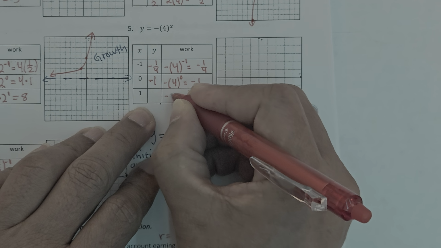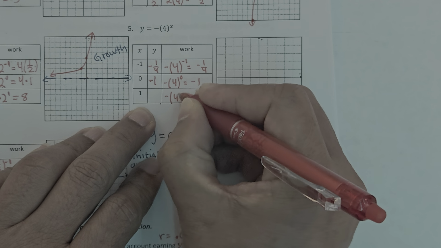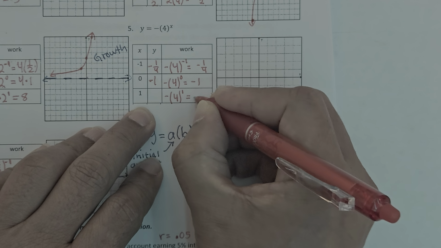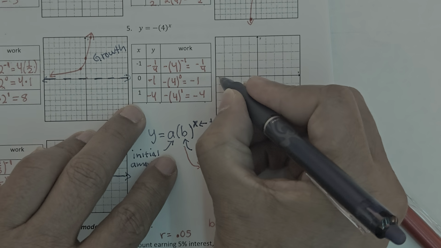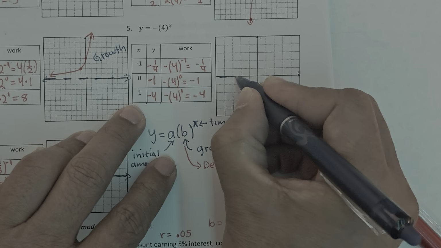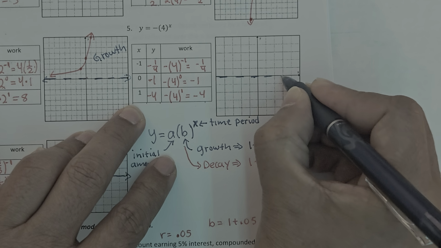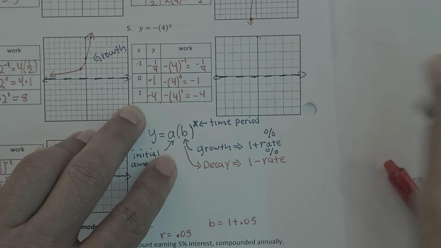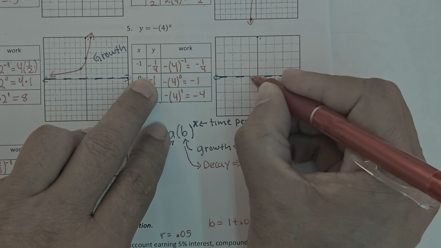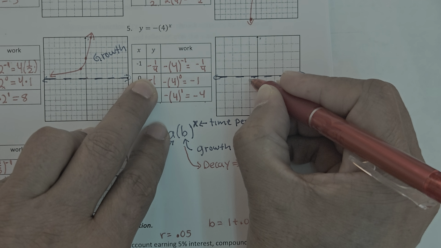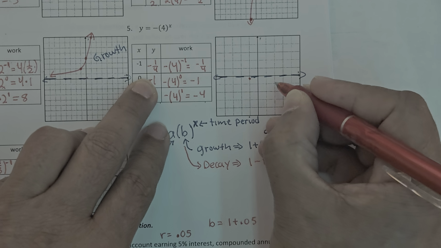Last, when x is 1, so negative times 4 to the first power, well, this is just going to be negative 4. So next, again, let's plot the asymptote. I'm going to sketch the asymptote and then plot the points and connect them to sketch the graph. So left 1, down 1/4. So this is down here, about right there.